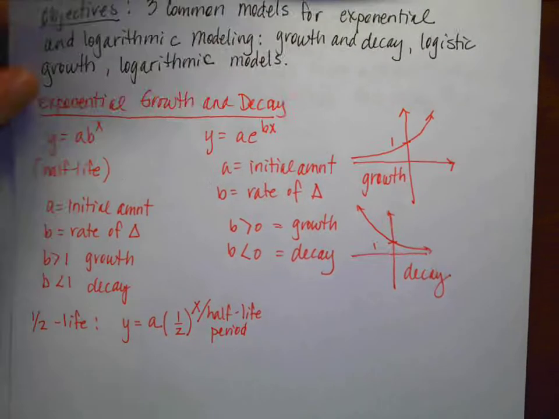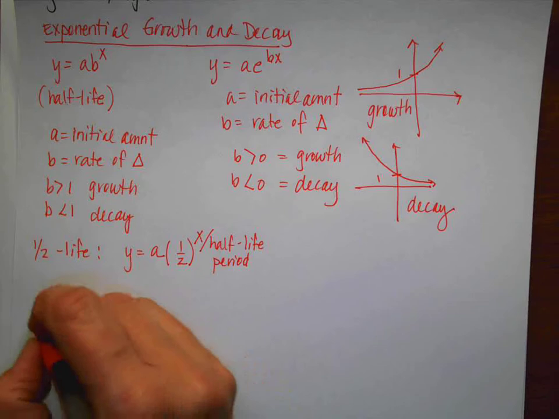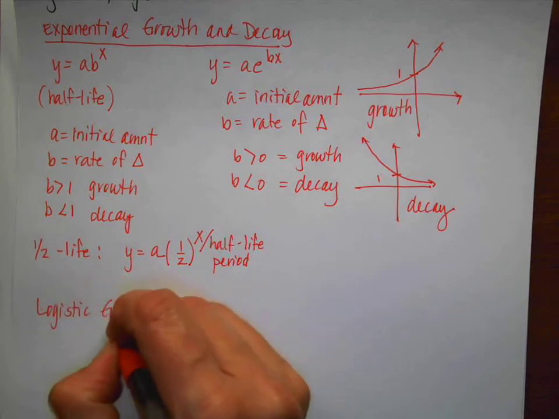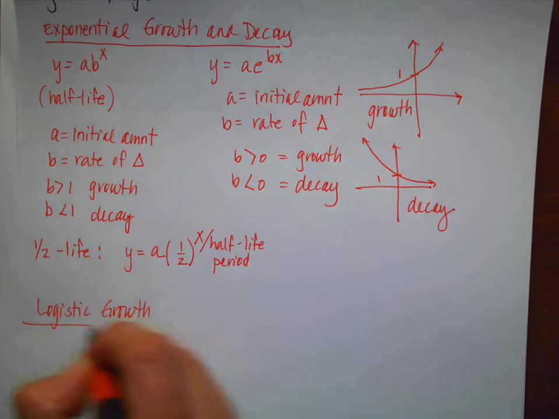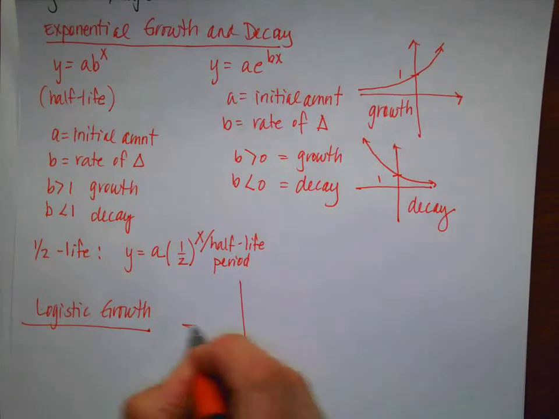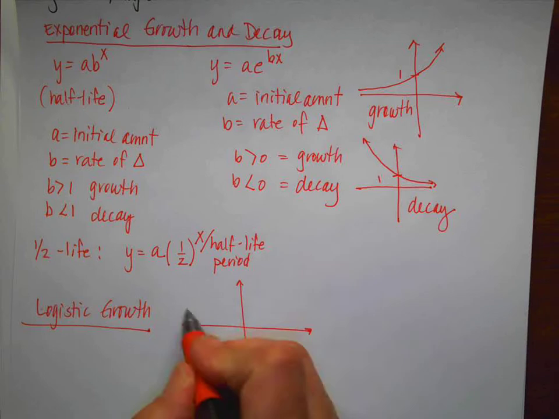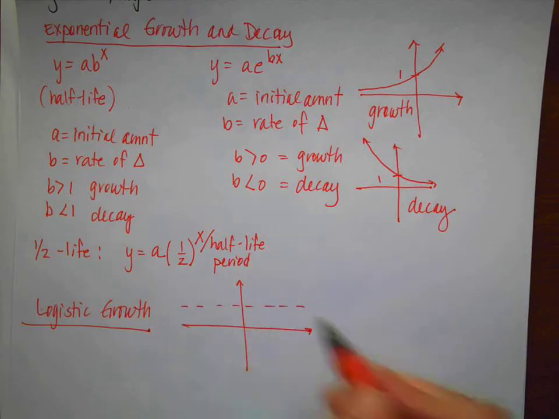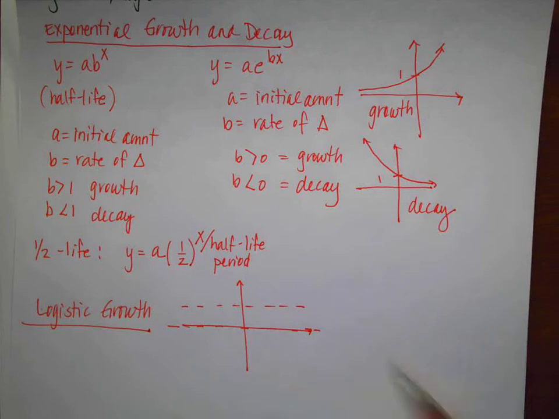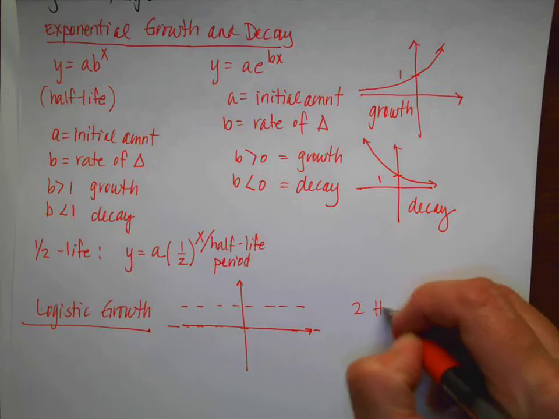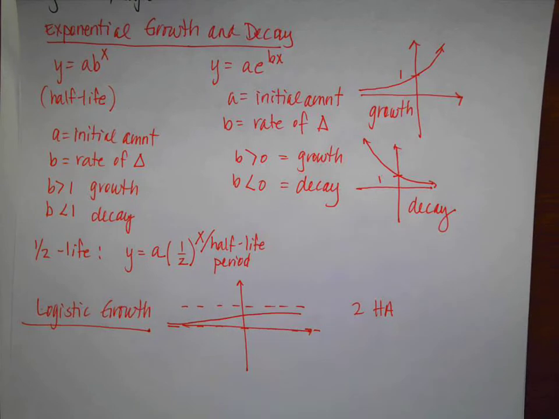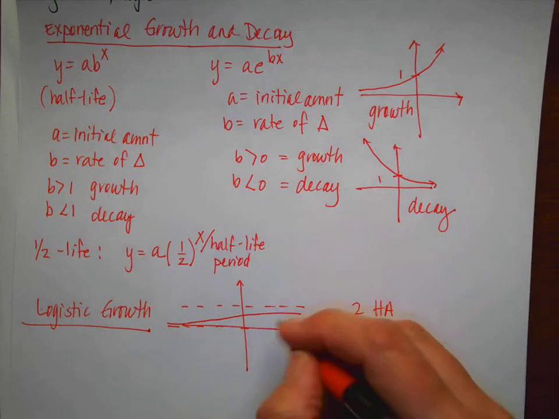The next function that we want to talk about is the logistic growth, and it's actually a really cool function because it's one of the only functions to have these special characteristics. In the logistic growth function, here's my x and y axis, it is one of the only graphs that has two horizontal asymptotes, and then my graph is going to look something like this.